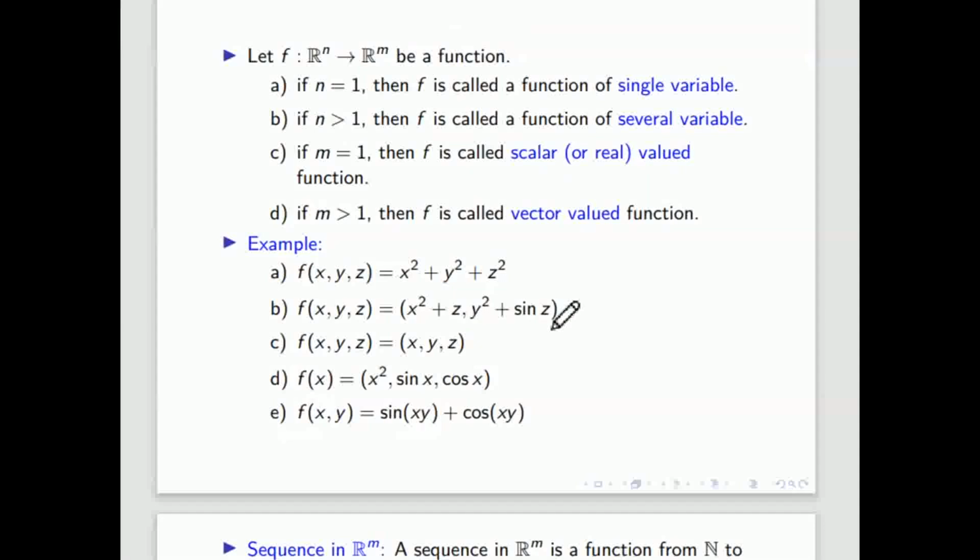So this is a vector, this is a vector, this is also a vector. So all three are vector valued. This is not a vector, this is a scalar, one number. This is also a scalar. So the first and last are scalar valued, and in between these are vector valued. And on this side the first three are several variable, this is single variable, then again several variable.